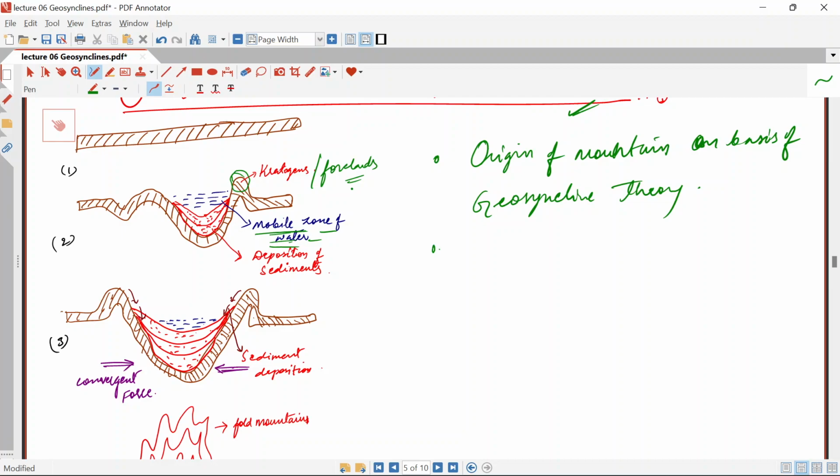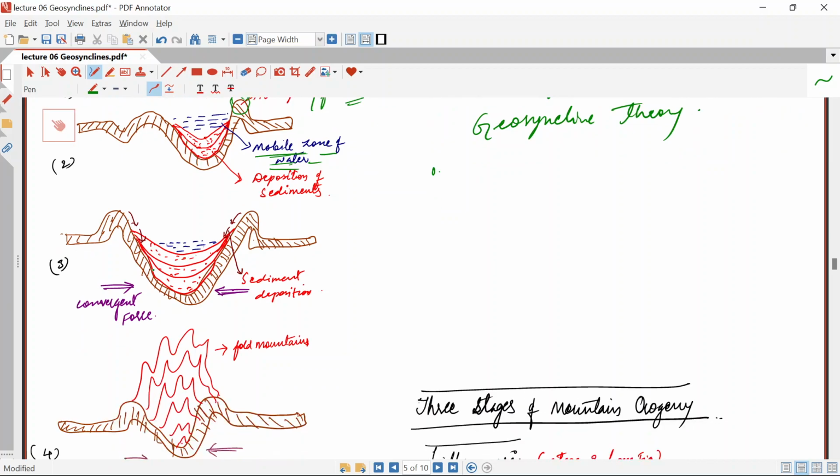So this is what I have explained. These are surrounded by cratogens, and in the next figure we can see the force acting, the convergent force, which helps in converging the land mass.